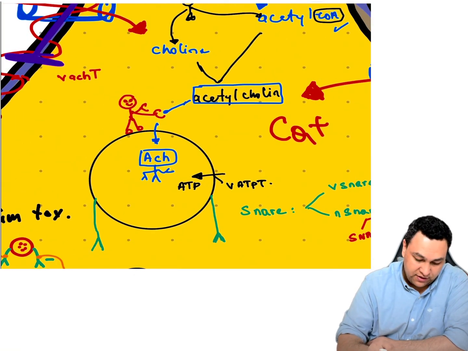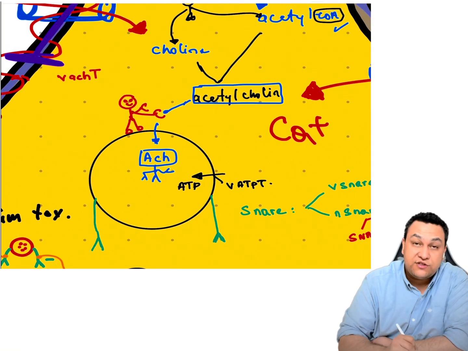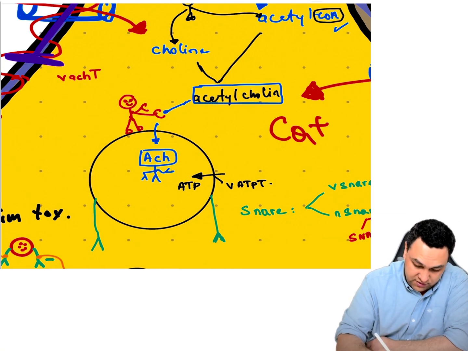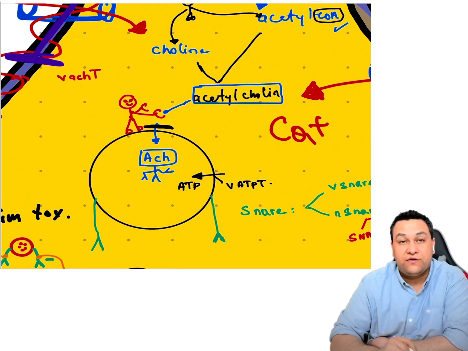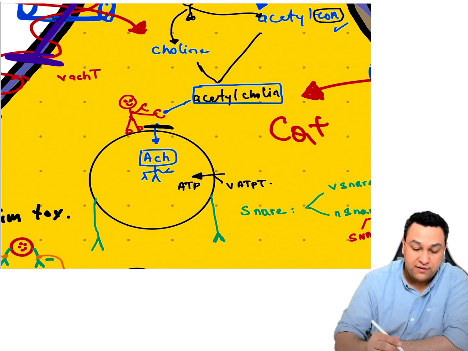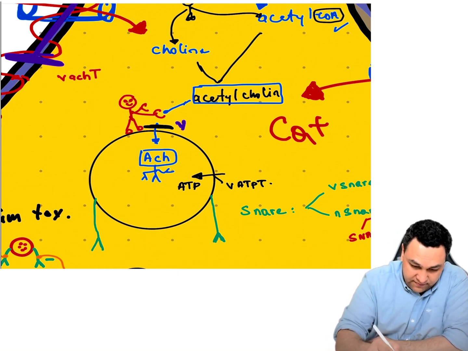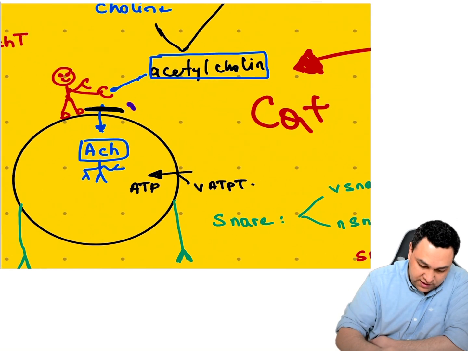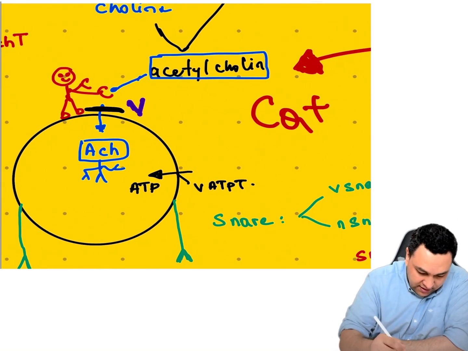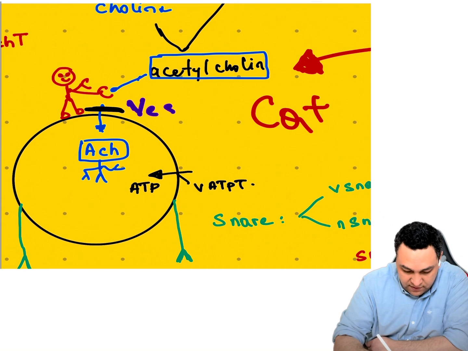We can also inhibit the entrance of acetylcholine into the vesicle, so we can block the vesicular acetylcholine transporter, and that transporter is blocked by a molecule called, if you're thinking about Vesamicol, you're absolutely right.